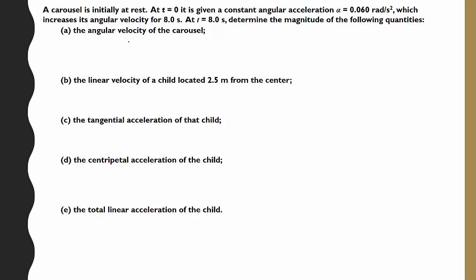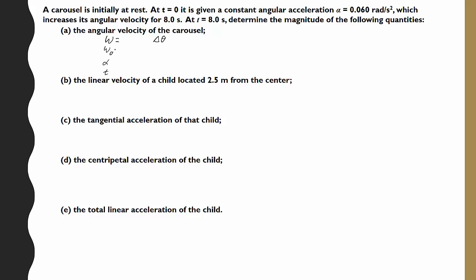Here we've got a carousel spinning around starting at rest. It accelerates for a little while, and we want to find the magnitude of a bunch of quantities. So angular velocity, just like when we had kinematic equations, you want to list all the stuff you know and what you don't know and what you're looking for. So the usual suspects are velocity, initial velocity, acceleration, time, and I ran out of room, but we also have displacement.